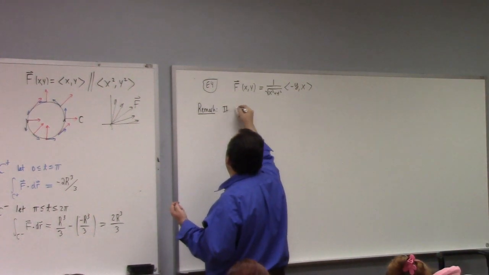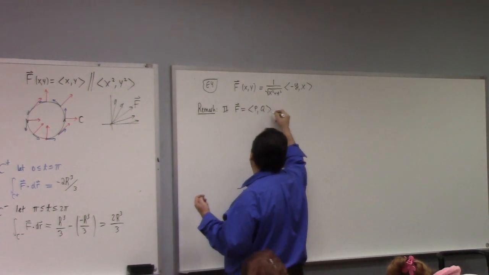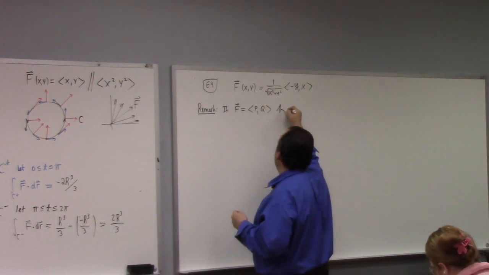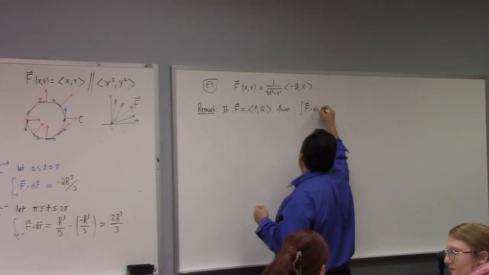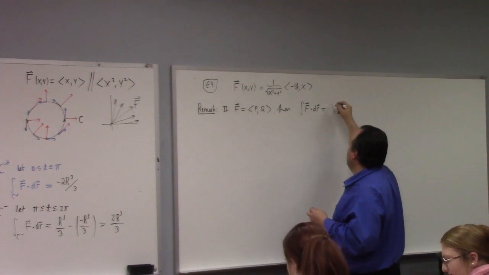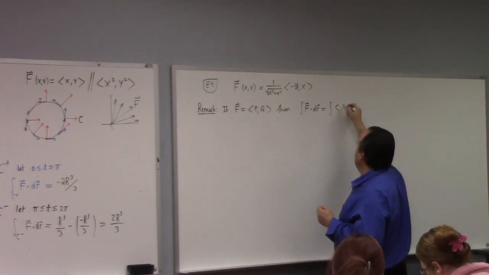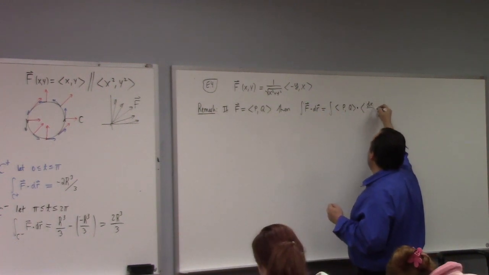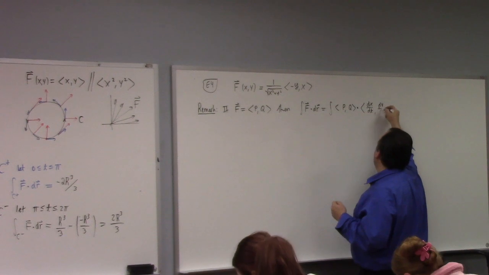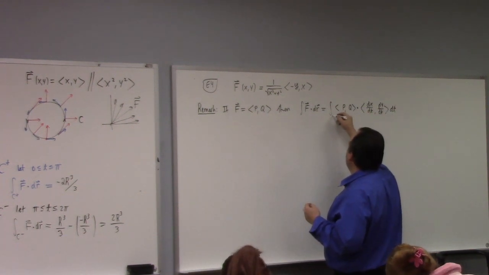If f is equal to, say, p comma q, then the integral of f dot dr is the integral of p comma q dot dx dt, dy dt, dt, integrating from a to b.